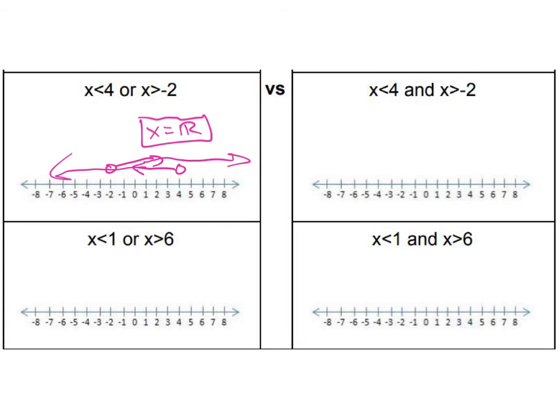Now, if we look at that a little bit differently and say x is less than 4 and x is greater than -2, well, now these two lines kind of go back and forth. They would go over forever, but if we're saying and, when it's going this direction, that is no longer both of them.